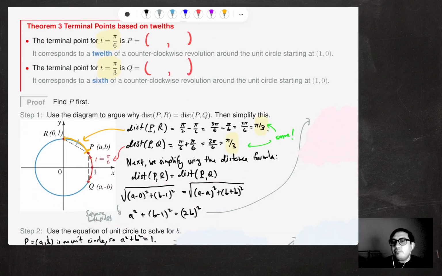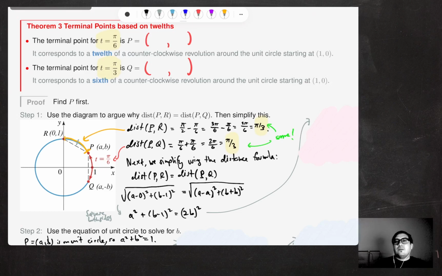Let's uncover the next part here. If I start plugging things in using the distance formula, remember the distance formula is the square root of the difference between the x coordinates squared plus the difference between the y coordinates squared. Let's do P and R first. P has x coordinate A minus the x coordinate of R, which is 0, so A minus 0 squared. The y coordinates give B minus 1, all under the square root.